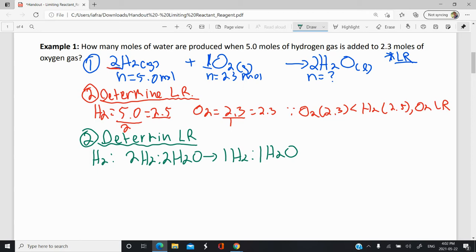So we can simply do 5 moles of H2 times our ratio, which is 1 mole of H2O over 1 mole of H2. Cancel out the H2s, and you get 5 moles of H2O. So that's a 2-to-2 ratio there, and we get 5 moles of H2O produced.